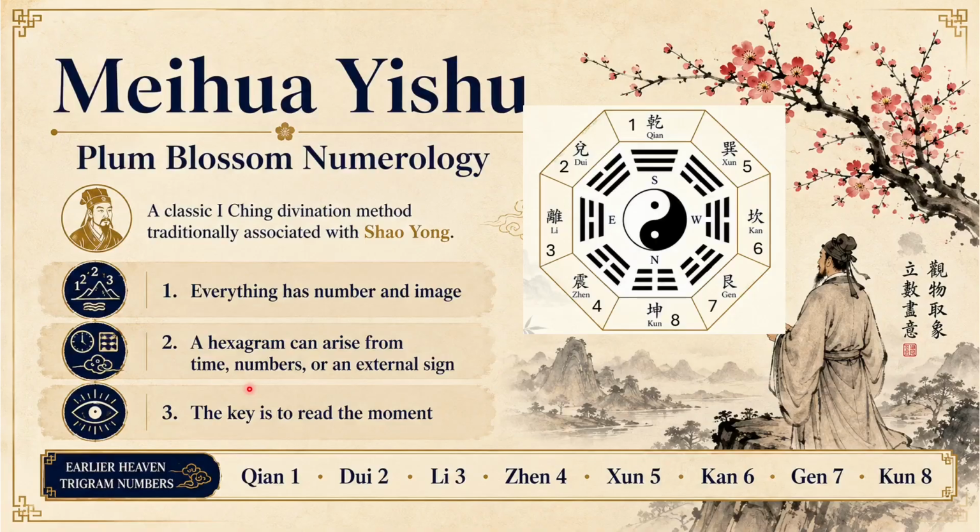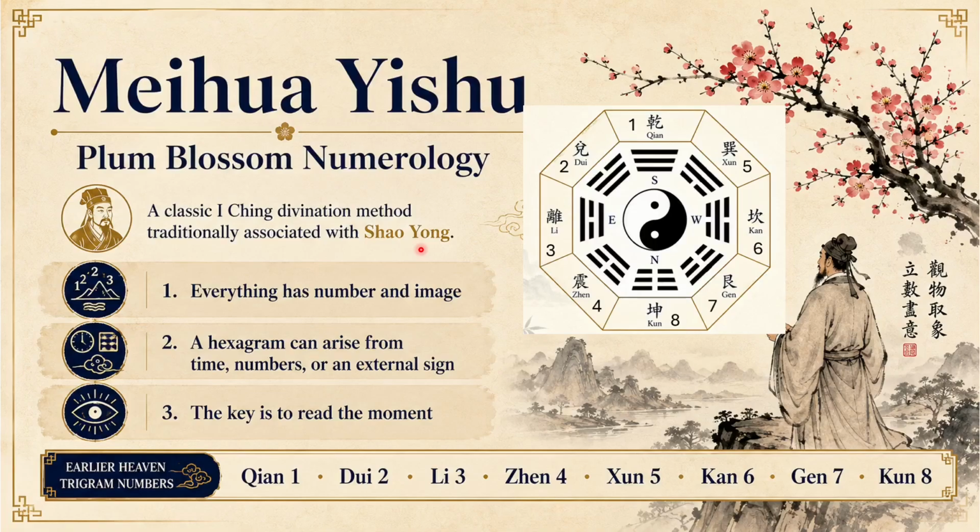Finally, besides the yarrow-stalk method and the 3-coin method, there is another famous way to consult the I Ching. It is called Meihua Yishu, or Plum Blossom Numerology, traditionally associated with the Song Dynasty thinker Shao Yong. This method is especially interesting because it can form a hexagram from almost everything.